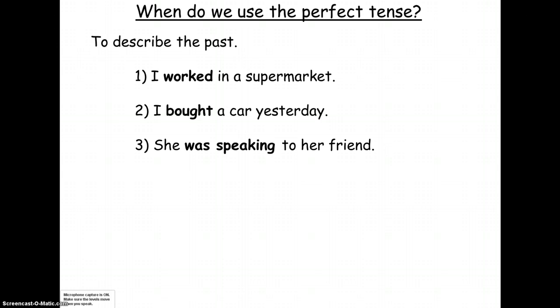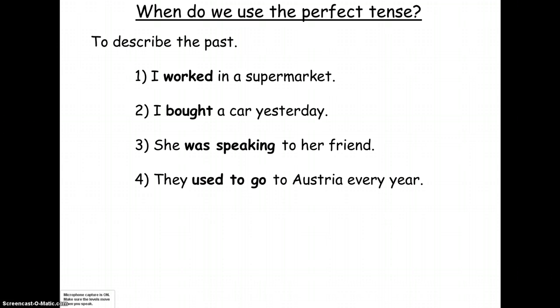German is much more straightforward because all three of those examples are the same tense in German. Indeed, all four of those examples, because in English we can often use "used to" to express the past as well. "They used to go to Austria every year" is another example that would use a different tense in French and Spanish, but in German it is this perfect tense.